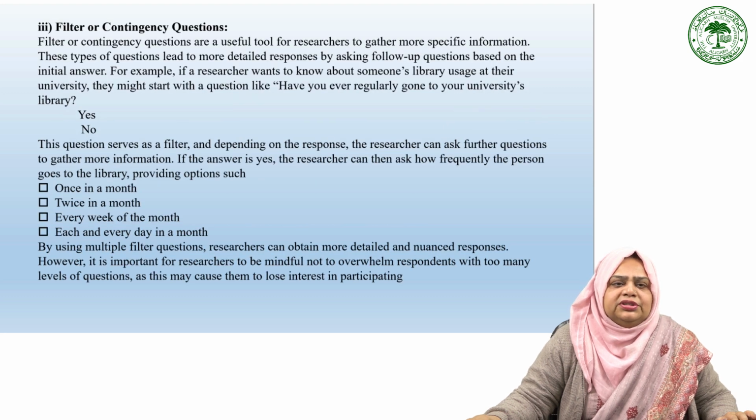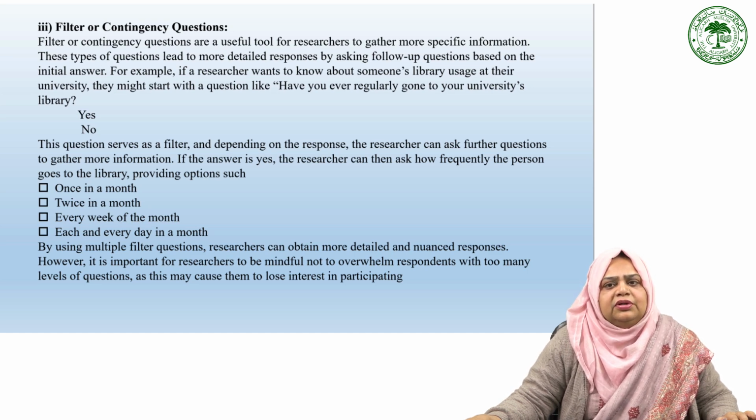The next category of questions that we are using in survey research is filter or contingency questions. They are considered a valuable tool for researchers to gather specific information. These types of questions allow for more detailed answers by asking follow up questions based on the initial response.